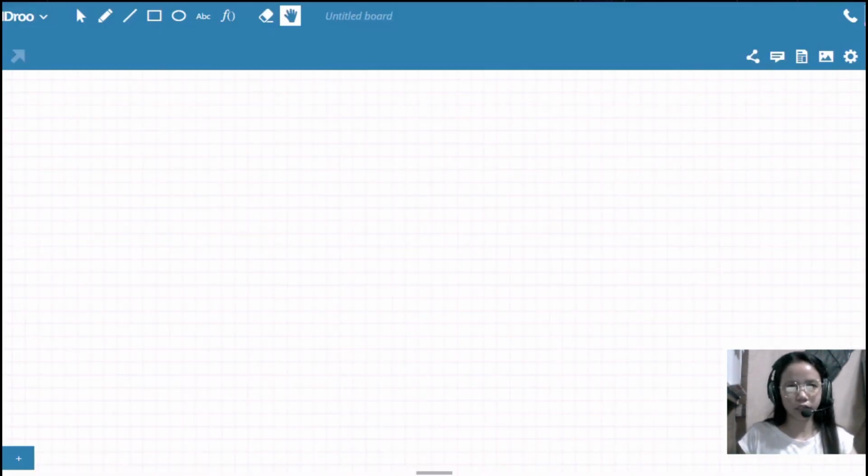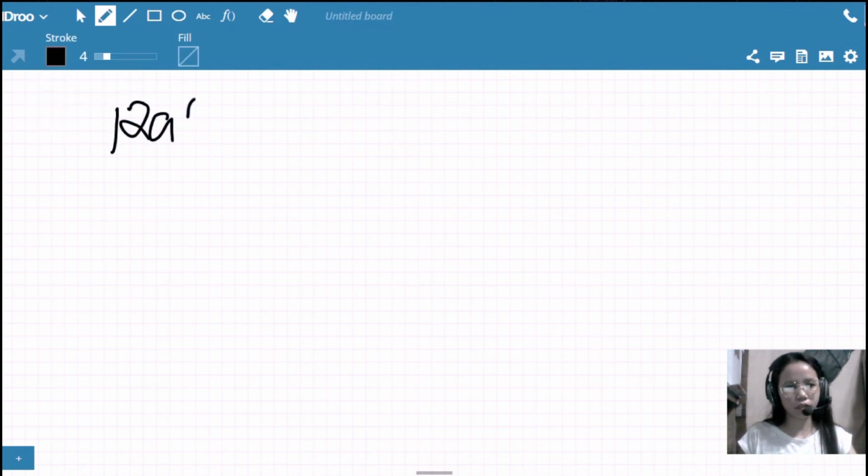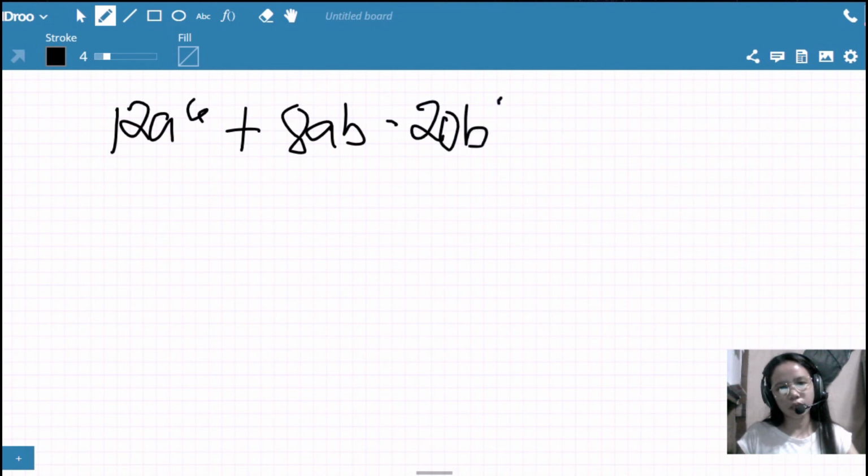So let's do that here on our board. So the given is 12a raised to 6 plus 8ab minus 20b squared.